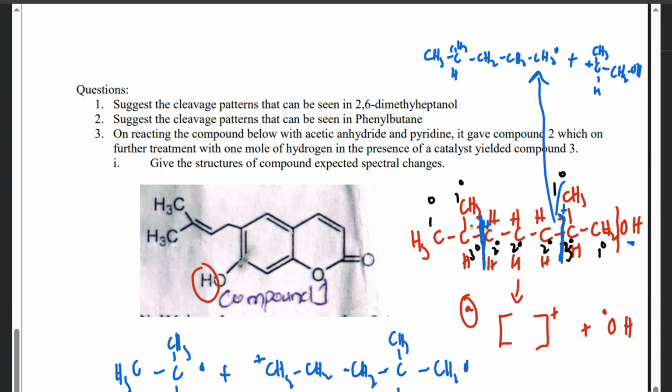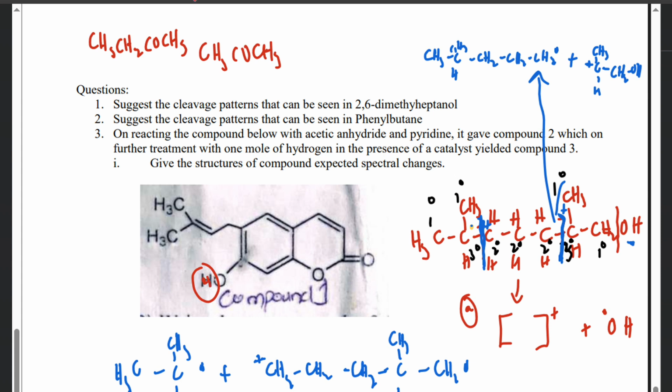It gives a compound 2, which on further reaction, basically this is the compound here, react it with acetic anhydride, CH3 CO CH3, I hope I'm right, with CH3 CH2 CO CH3, right? When you react this with this, it knocks out this hydrogen, right?